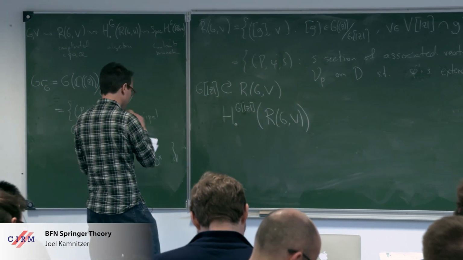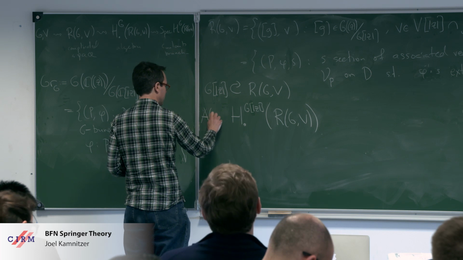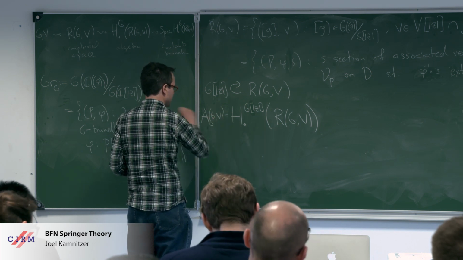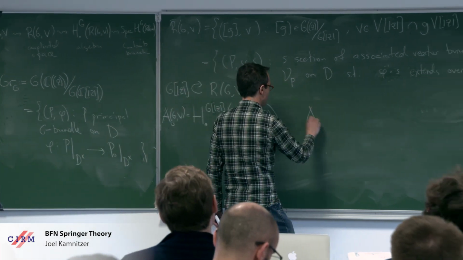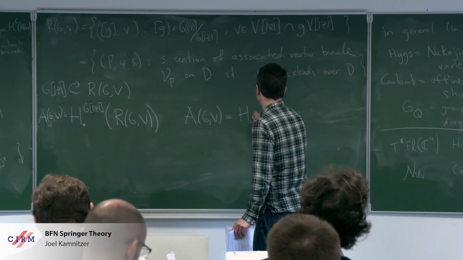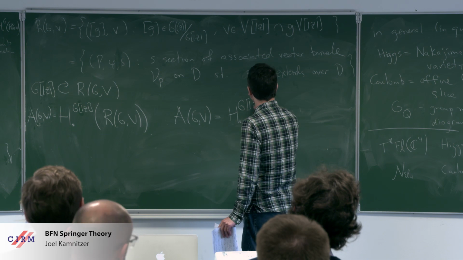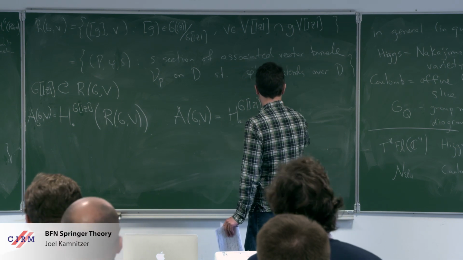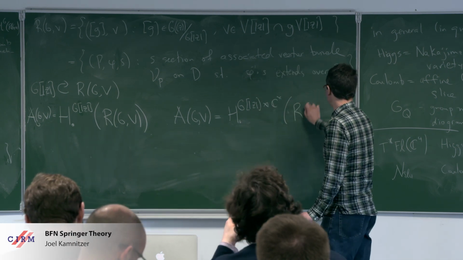And that thing will be called the Coulomb branch algebra, A_GV, or maybe more precisely A_0, and I'll use A_GV for the deformed version, where we take also the star. We want it to be precise.